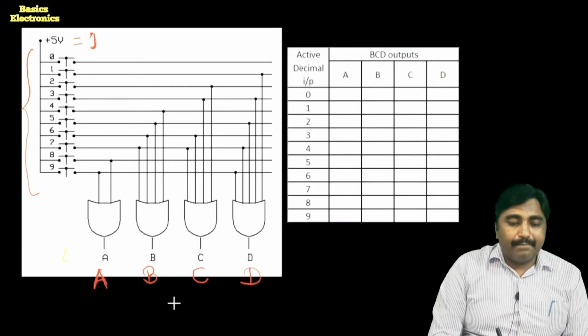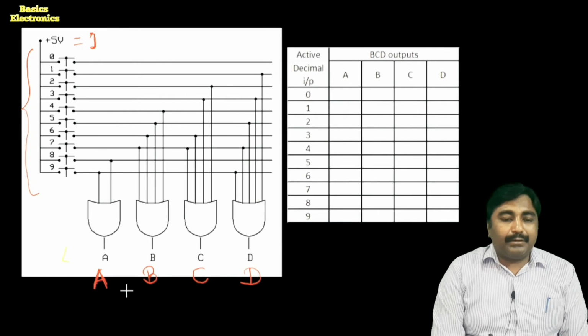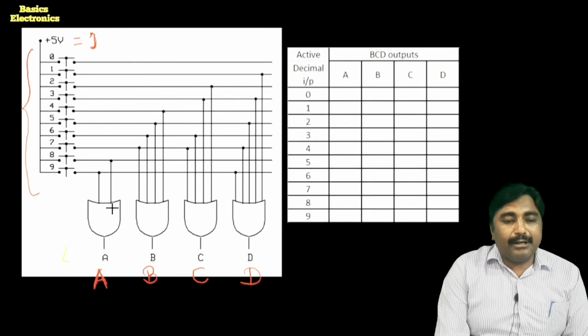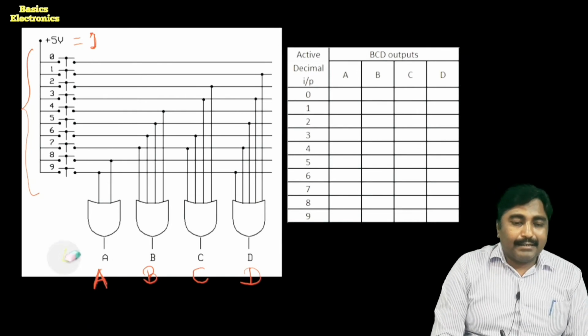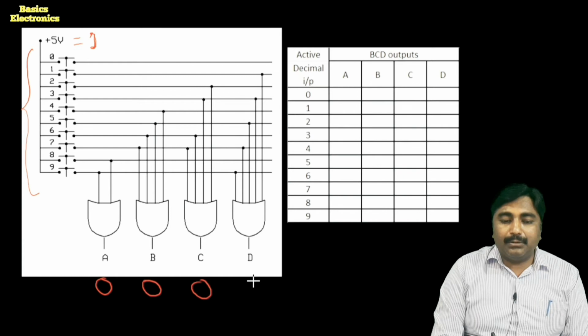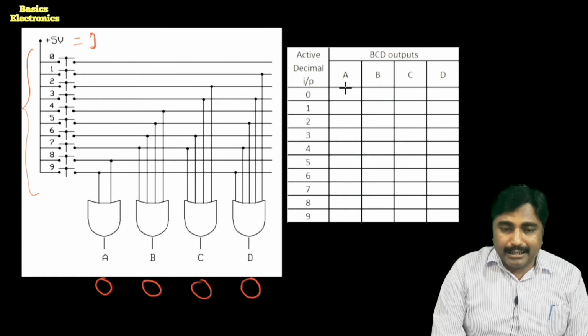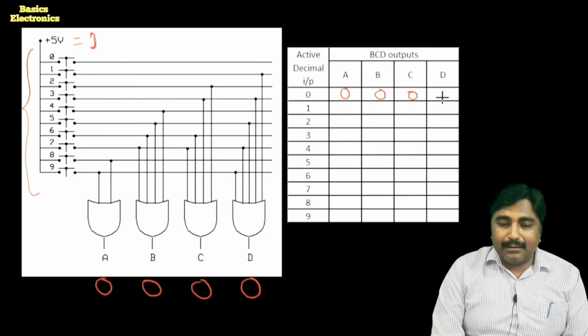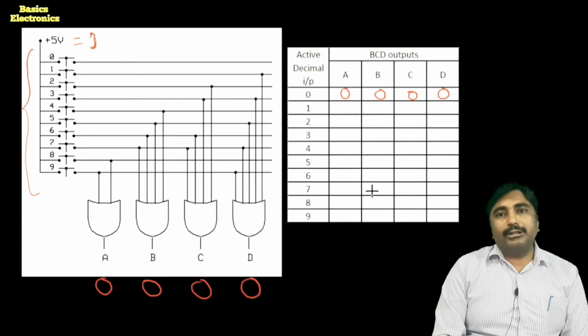When we apply the input 0, naturally the output of all of these gates A, B, C, D is 0, 0, 0, 0. So we get the BCD output 0, 0, 0, 0.